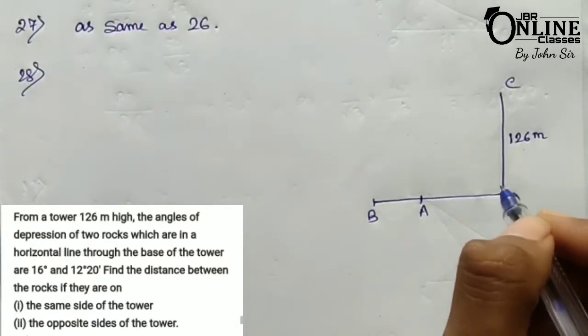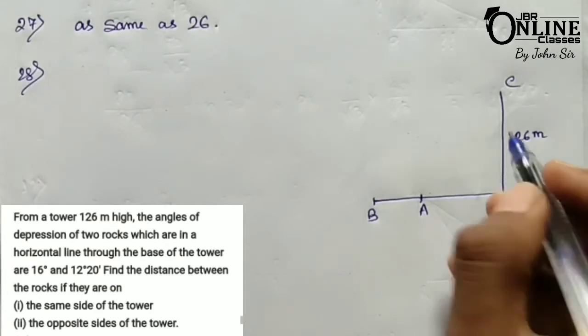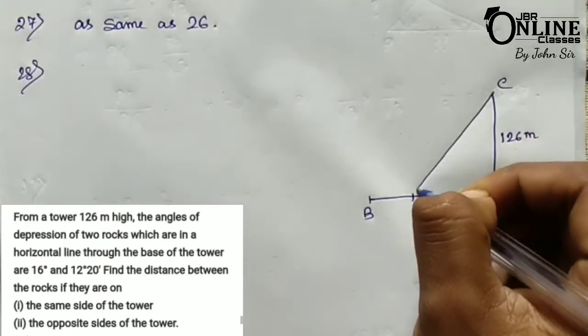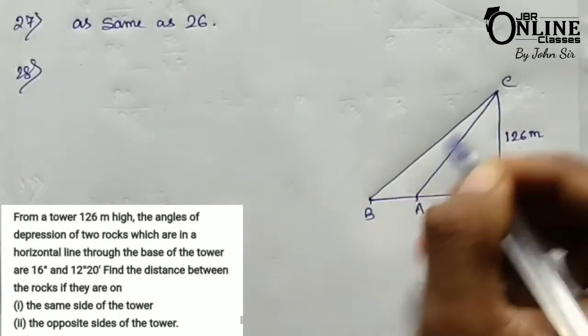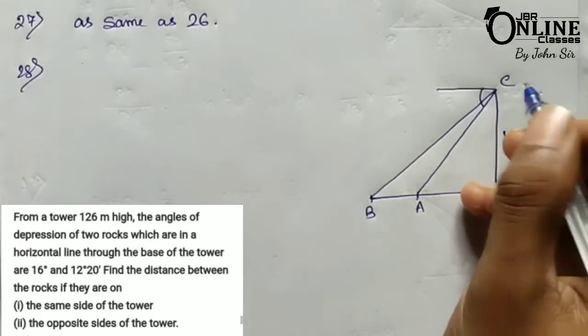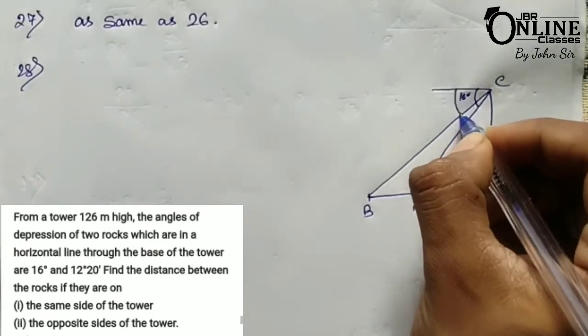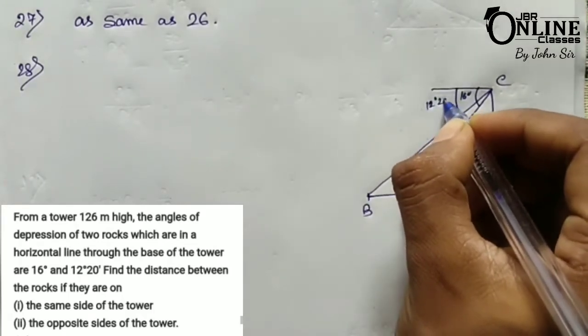Now the angles of depression are 16 degree and 12 degree 20 minute. So the first angle of depression, that equals 16 degree, and the second equals 12 degree 20 minute.